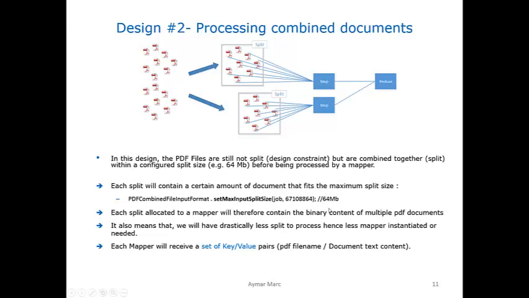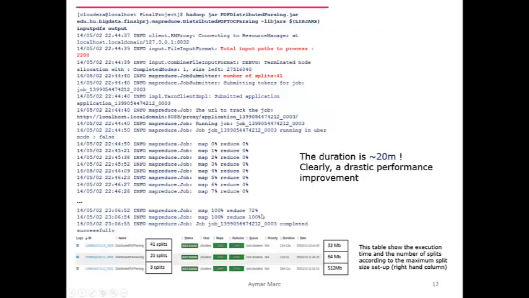I tried various split sizes to see the effect, and for this experiment I tried 64 megabytes. Of course we will have drastically fewer mappers, and we'll see that the performance has really improved quite a lot.